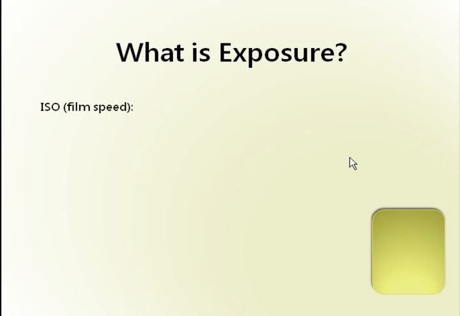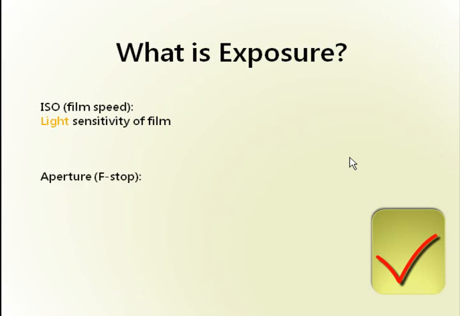I know, I certainly did. This is the ISO. It is the film speed, and film speed is light sensitivity of film. Now we'll talk more about that when we have our lesson about ISO.